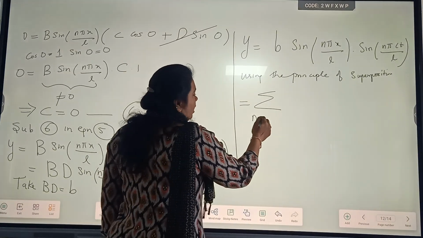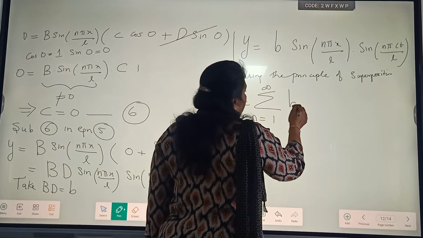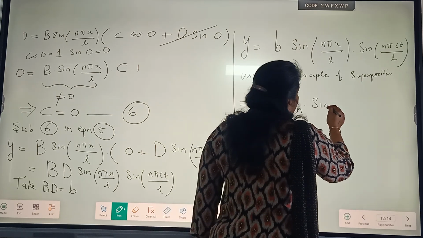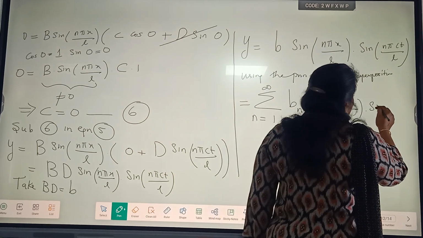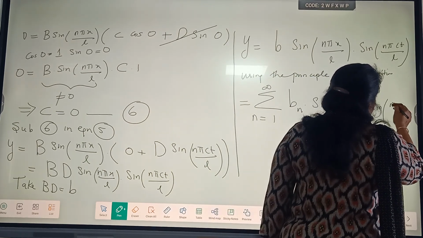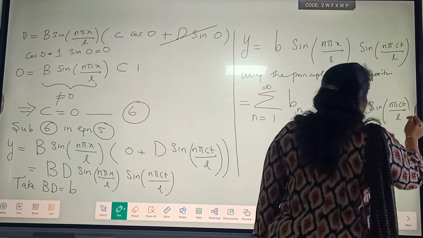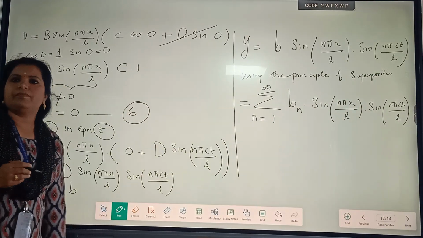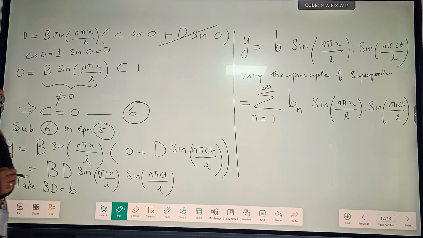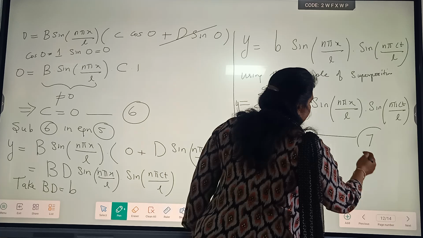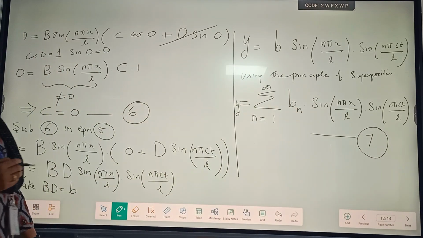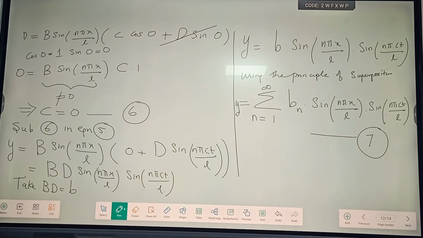Summation n equal to 1 to infinity Bn sin n pi x by L into sin n pi ct by L. Take it as equation number 7. So three boundary conditions are complete.